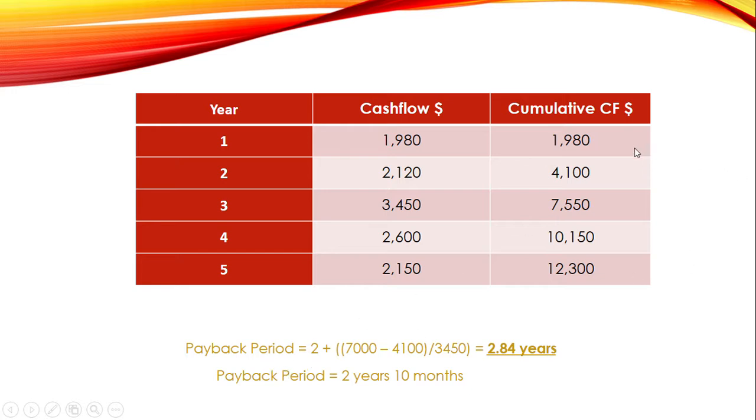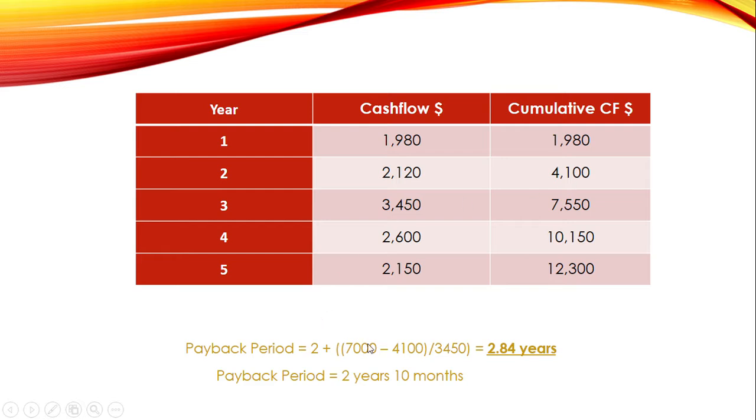So we need the whole 2 years to recover the initial investment, and part of year 3. The initial investment is 7,000, and in year 1 and year 2 we already recovered 4,100.